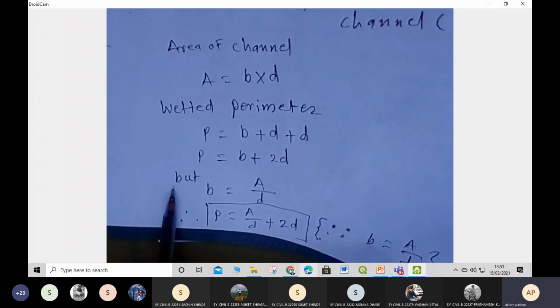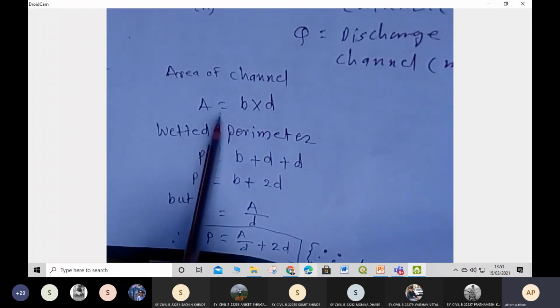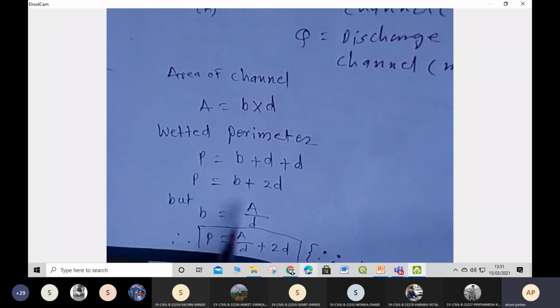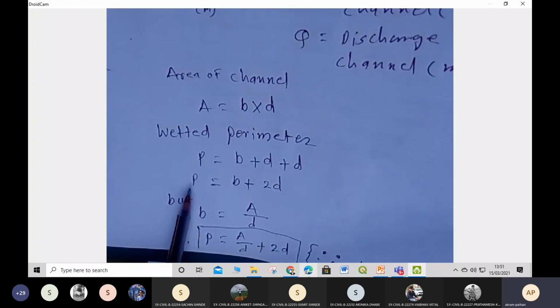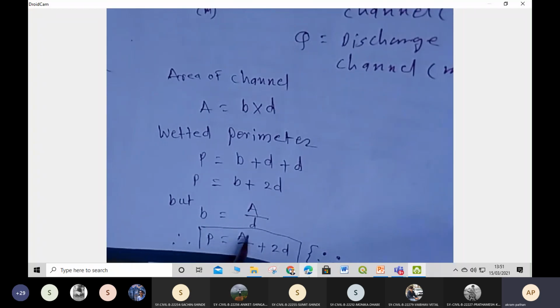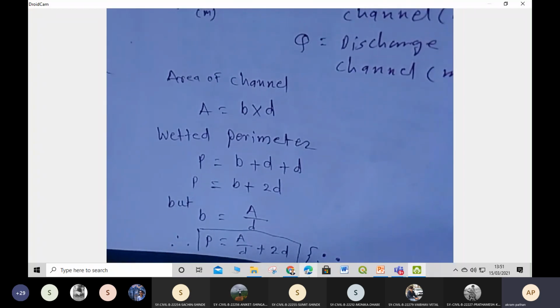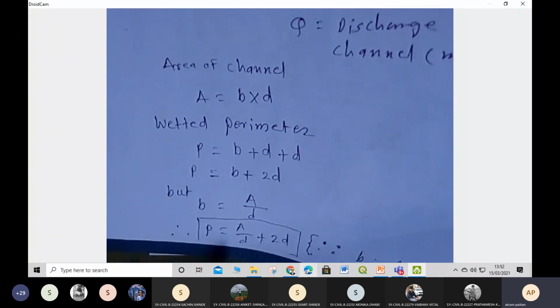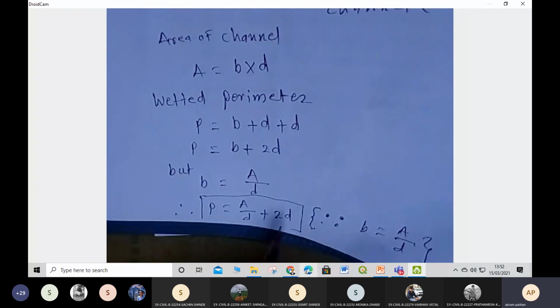But from the area we can write B is equal to A by D. If I substitute this in place of B, I will get P is equal to A by D plus 2D. So this is the formula for the perimeter.